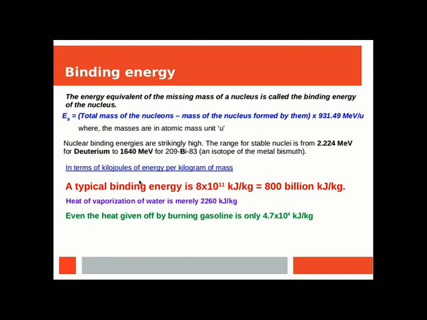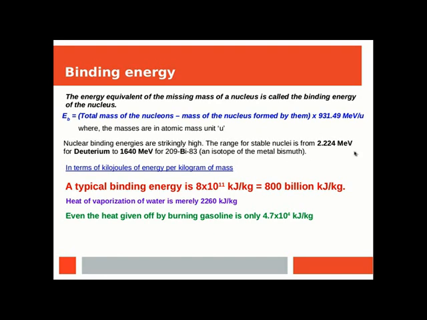We know that the binding energy of deuterium is this much, and the maximum binding energy has been observed to be 1640 million electron volts for 209 bismuth. It is an isotope of bismuth for which the binding energy is this much. So binding energy can vary from 2.24 million electron volts to 1640 million electron volts.